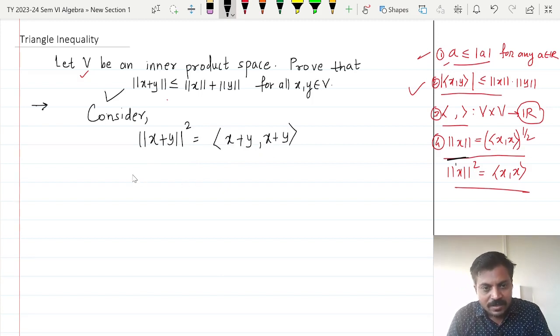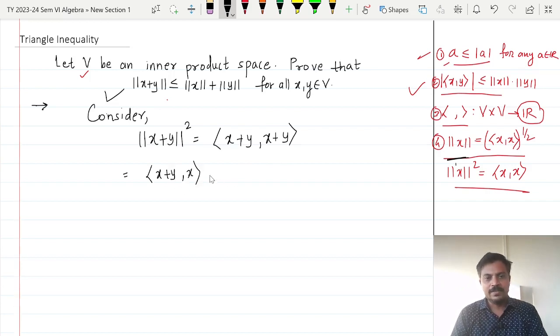Now, by using properties of inner product, first of all we will fix the first coordinate and we will distribute the second one. So this can be written as inner product of x plus y with x plus inner product of x plus y with y.